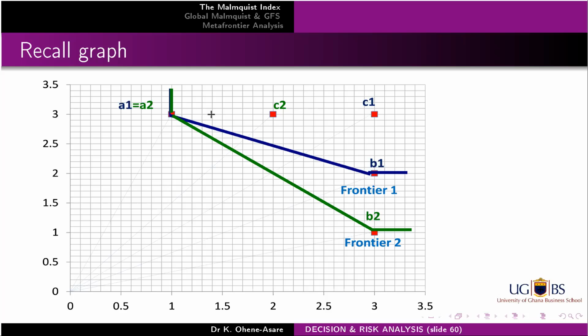Now, that same D, we go to the second year, it was 2 and 2. Do you remember? Yes. So this is 2, and that is 2. If you look at it, it appears that it would then be on the frontier.